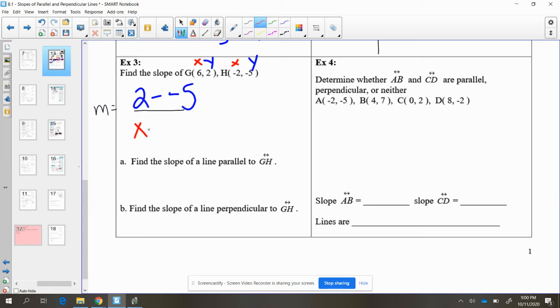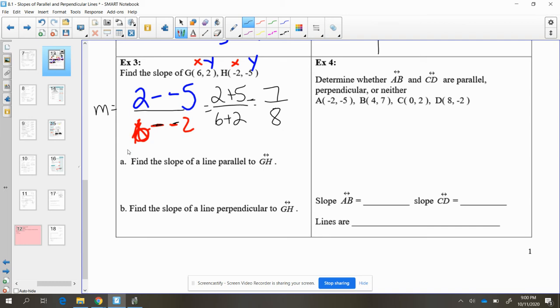So x is 6 minus -2. Again, when we subtract a negative, it really turns into addition. So both of these will come together to become addition. And we end up with 7/8, right, is our slope of this line.